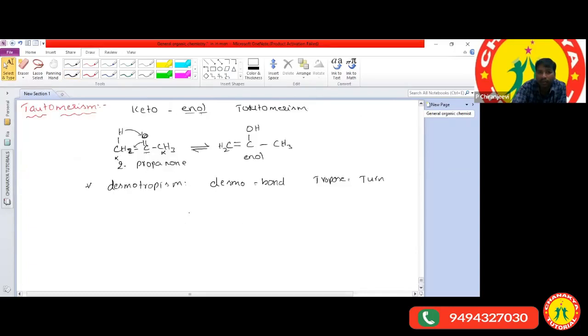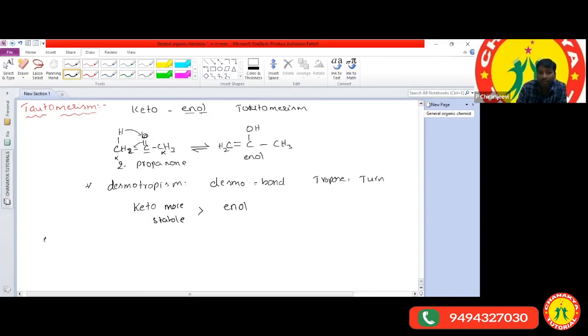Okay, right, sir. Here also we can explain the stability. First, I'll explain the stability. In these two, ketone and enol formation, which one is more stable? Ketone formation is more stable than enol formation.